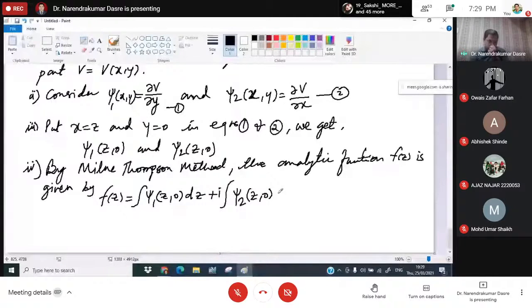Okay, so this way we are able to get the analytic function by using the Milne-Thomson method.